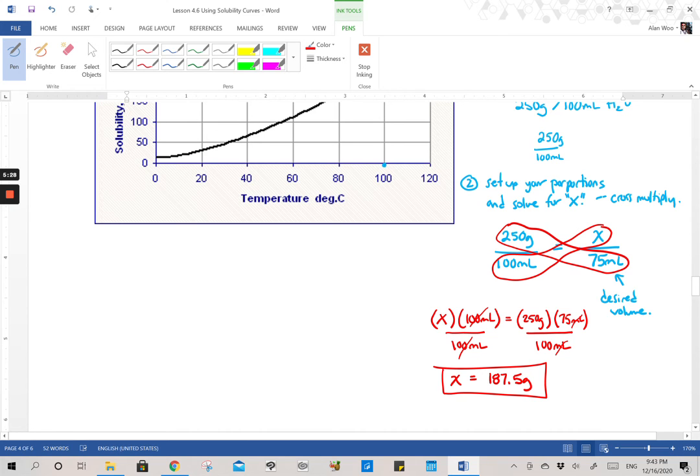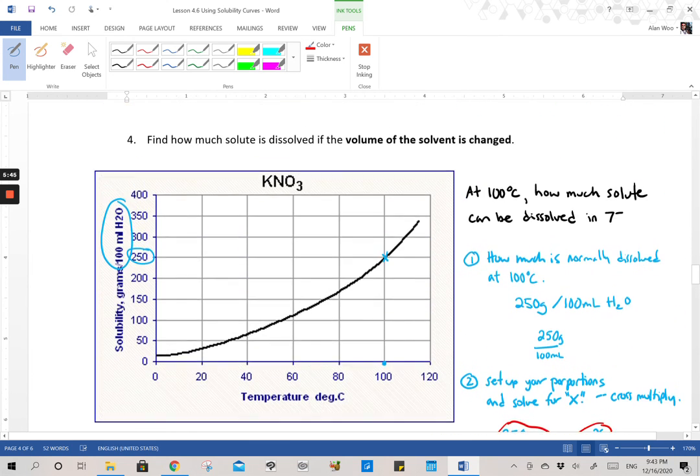This proportionality method is very useful, because I can figure out the amount of solute dissolved at any volume of solvent, as long as I have the same temperature.